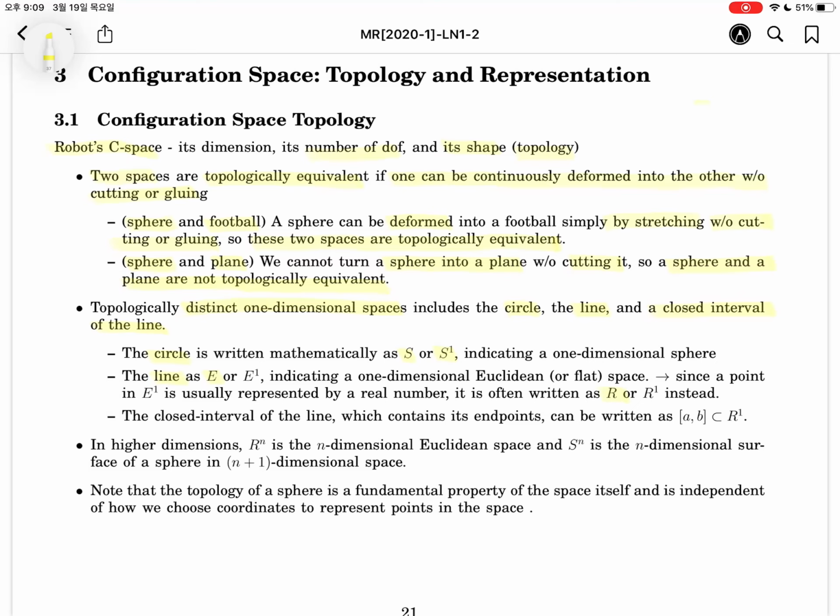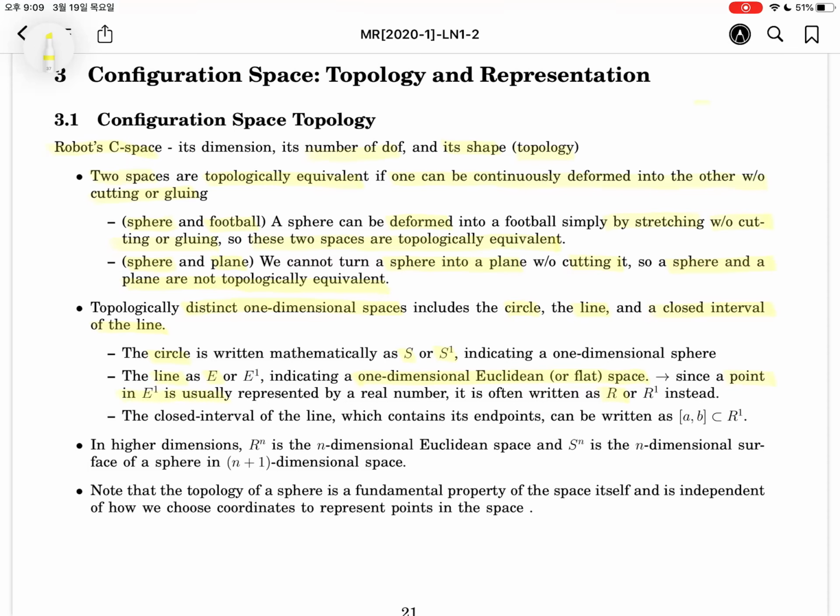The line will be denoted by E or R, because to denote the Euclidean number we use the real number. So E and R are used interchangeably. The line is the one-dimensional Euclidean or flat space, not the circle.